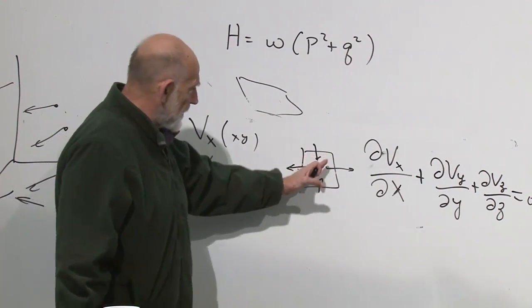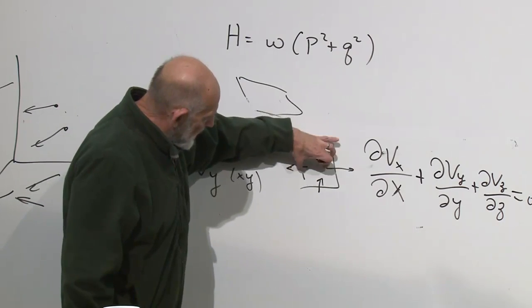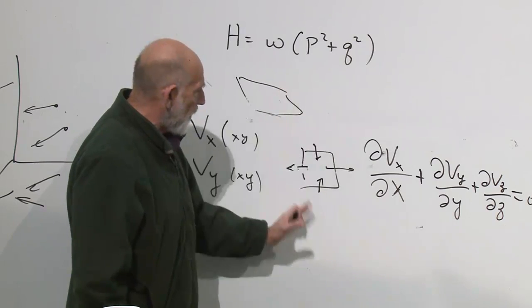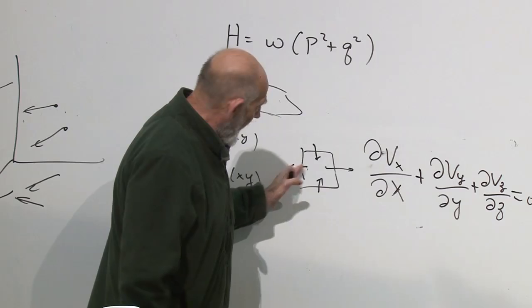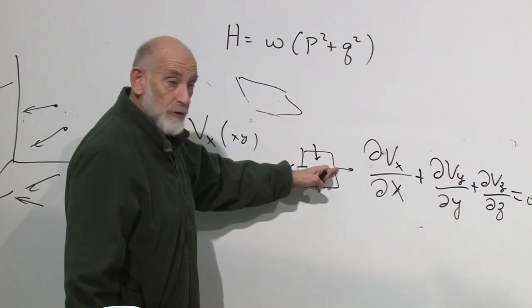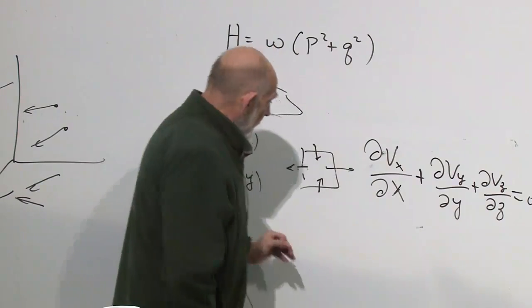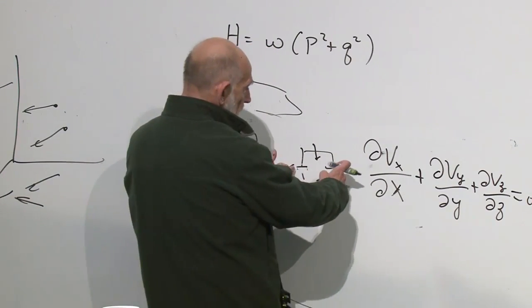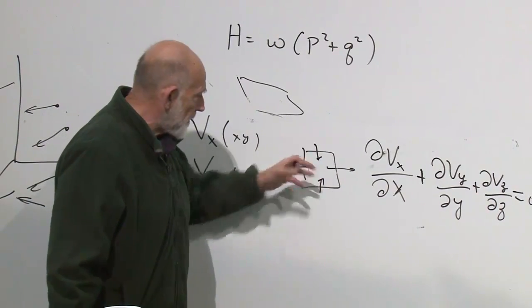Incidentally, as far as the x squeezing goes, the y component of velocity doesn't matter. What's important is how much the x component of velocity is changing as you vary x. And what these stand for is the combined sum of the compression along the x-axis, the y-axis, and the z-axis.